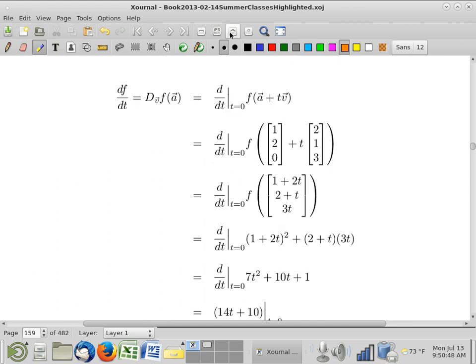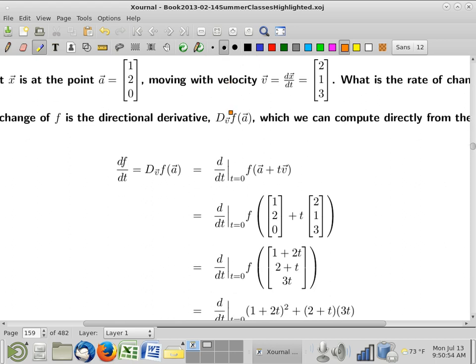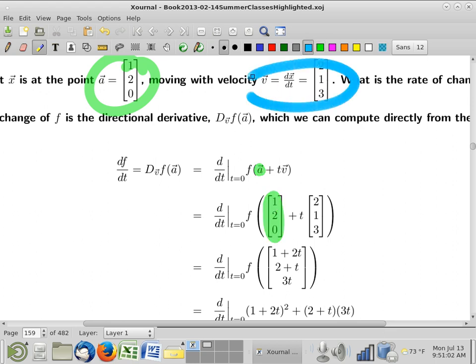Zoom in a notch. There we go. Okay, so we start off at that point A, moving with velocity V. Right, so here is my position as a function of time in the domain.